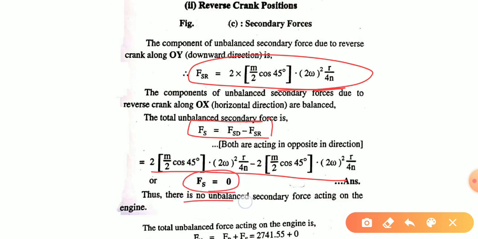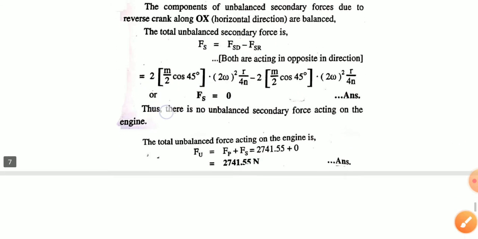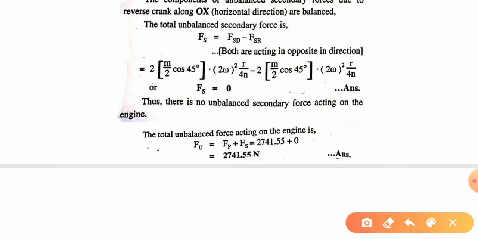So there is no secondary unbalanced force acting on the engine. The total unbalanced force will be only the primary force, because the secondary force is equal to 0. So the total unbalanced force is only because of the primary force. Thank you very much for watching.